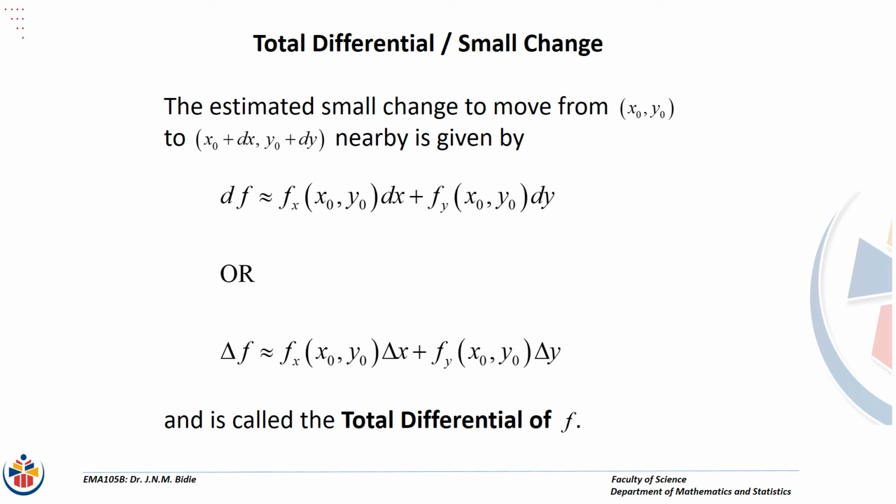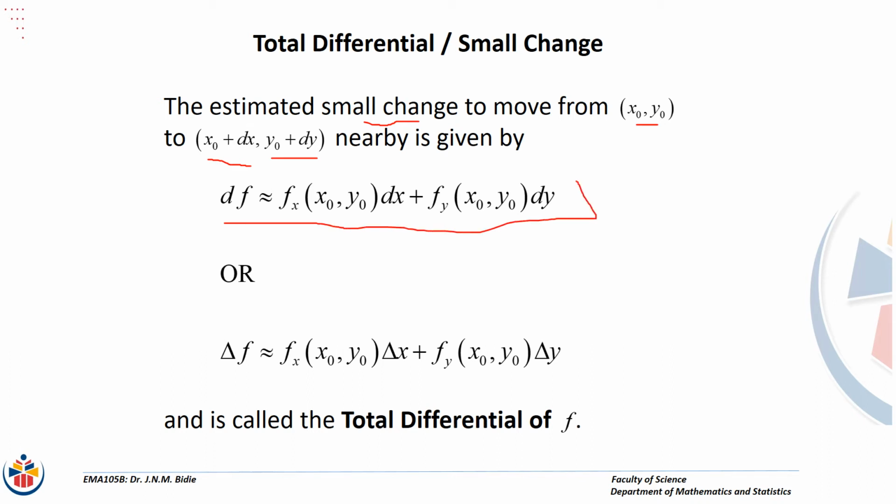Then we go to total differentials, or what we call the small change. The estimated small change to move from a point x0, y0 to a point x0 plus dx, y0 plus dy, which is just nearby, is given by the formula df.